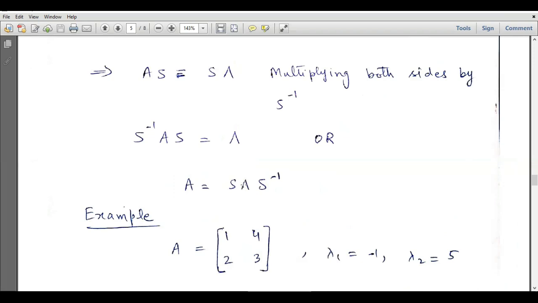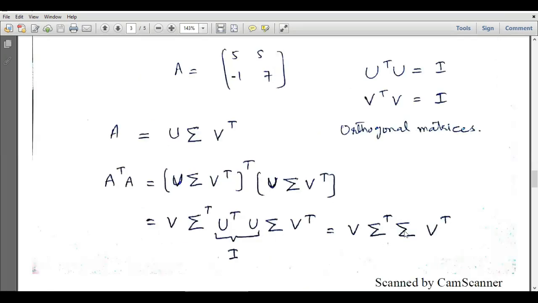And here we had capital lambda in between, and that was actually equal to the matrix of the eigenvalues of A with eigenvalues at the diagonal. And this last matrix should be equal to the inverse of the first matrix.